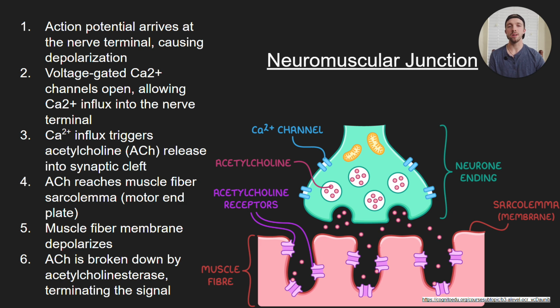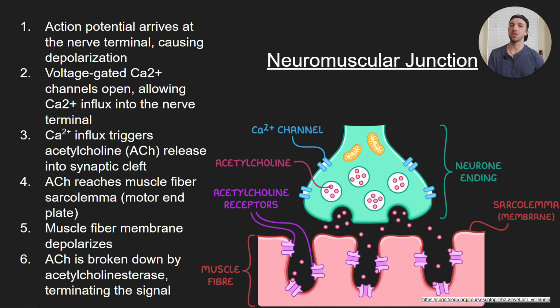This whole thing together, the terminal end plate of our motor neuron and the motor end plate of our muscle fiber, is referred to as the neuromuscular junction, or you'll see it abbreviated a lot as NMJ. First we have this action potential that runs down our motor neuron that arrives at the nerve terminal, the ending point of the nerve where it's going to jump off to the muscle fiber.